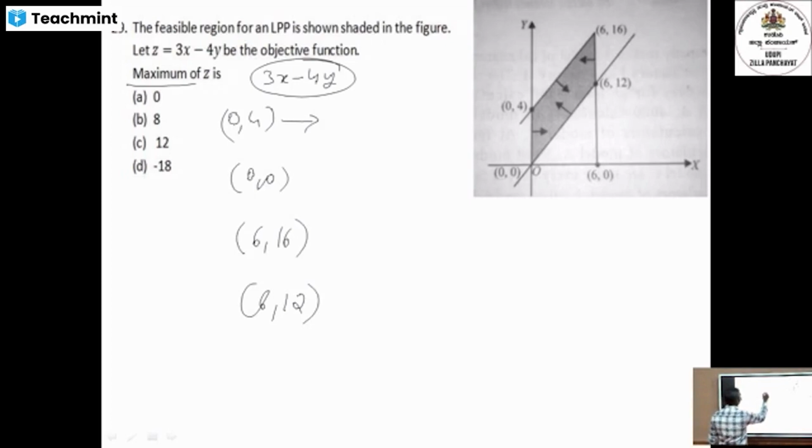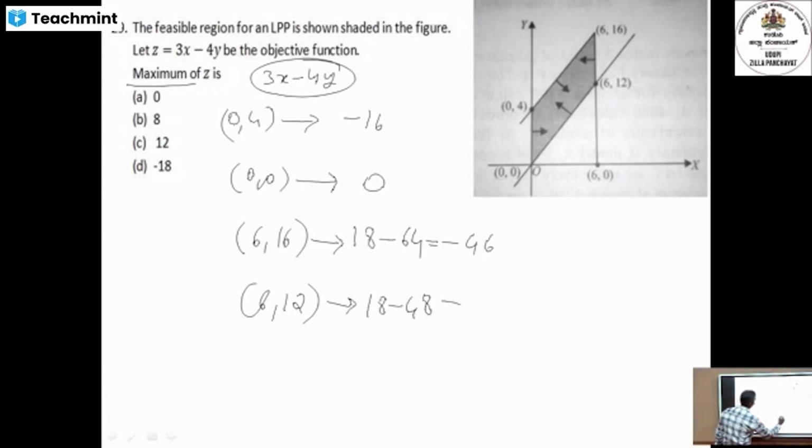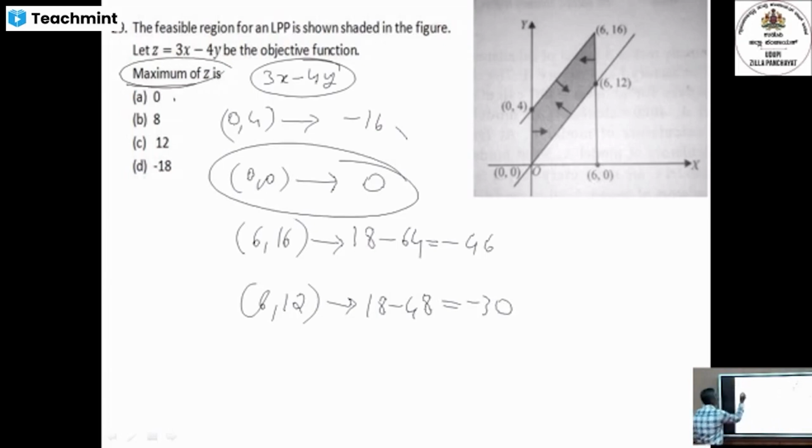So (0, 4) gives minus 16. (0, 0) gives 0. (6, 16) is 18 minus 64, that is minus 46. (6, 12) is 18 minus 48, that is minus 30. See, all of them are negative. You want the maximum. So the maximum of Z is 0. So option A is the correct answer.